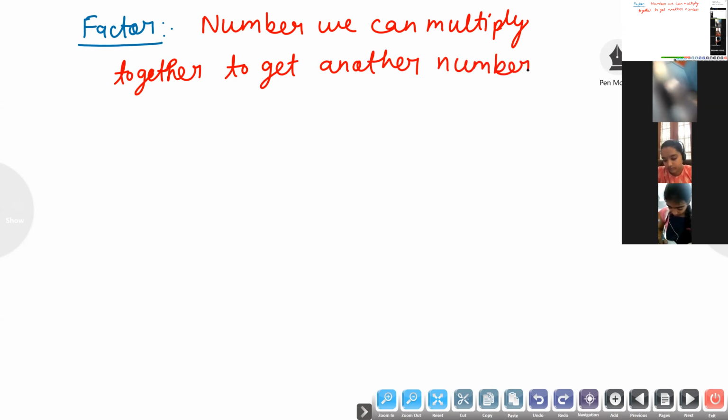But another number is what? That original number. Another number is nothing but the original number. In the bracket note down original number.